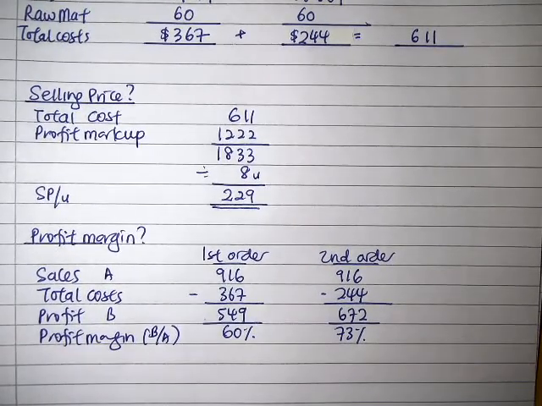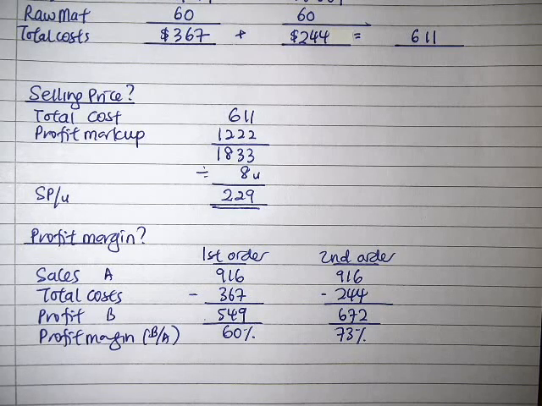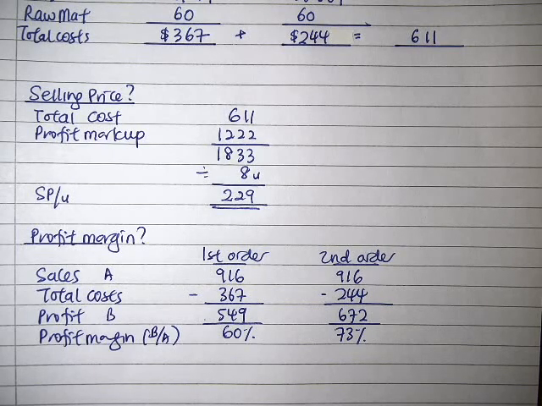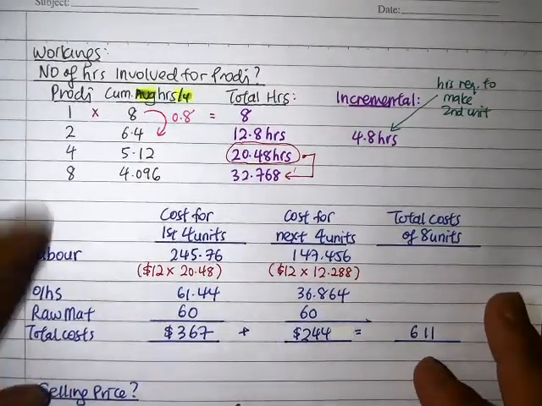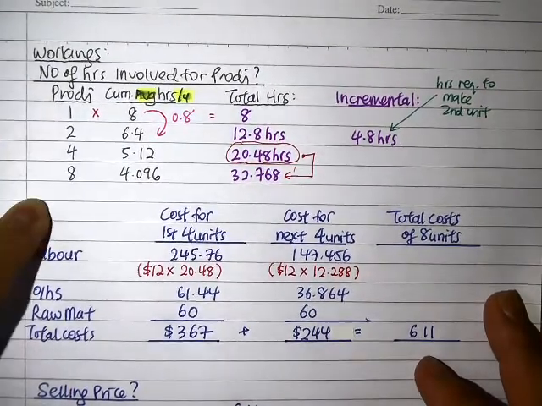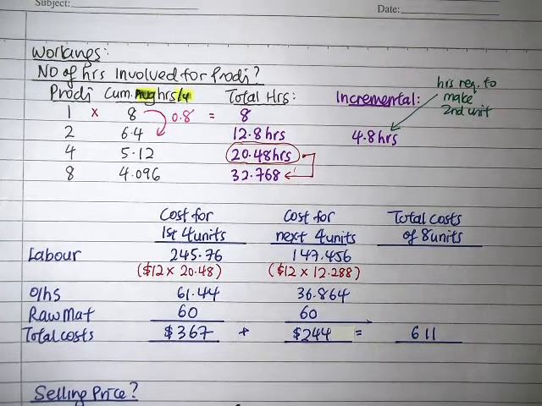Okay? Alright, so this is how the learning curve is being applied in this situation. So this is the first case. So basically we're just telling you that each time production doubles, you expect your cumulative average will reduce at a constant rate.